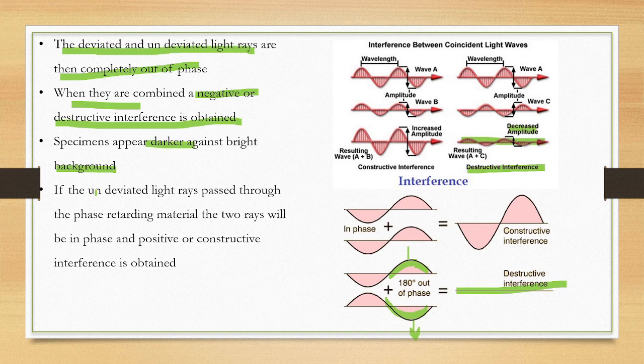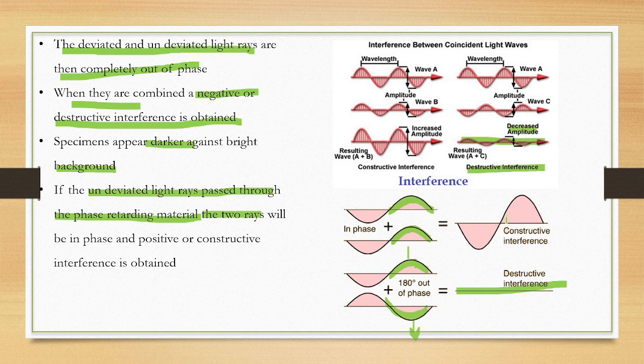Now, if the undeviated light rays pass through the phase retarding material, the two rays will be in phase, like this. The peaks are in phase. So this is called in phase, and this is called out of phase. In that case, the amplitude increases.